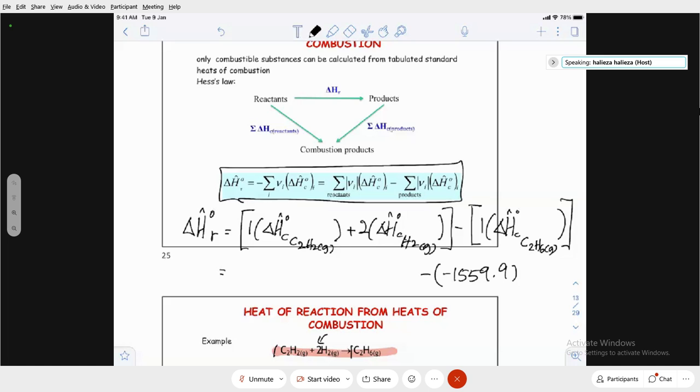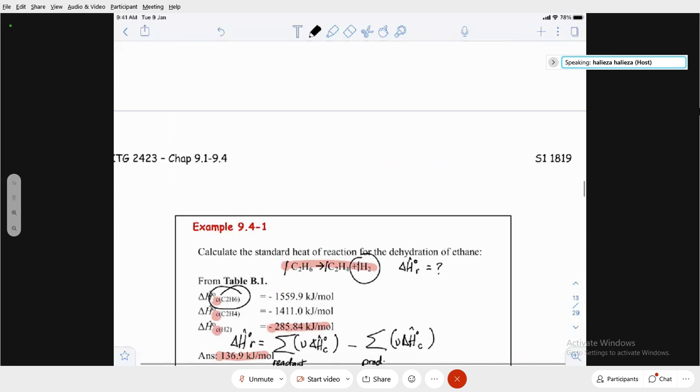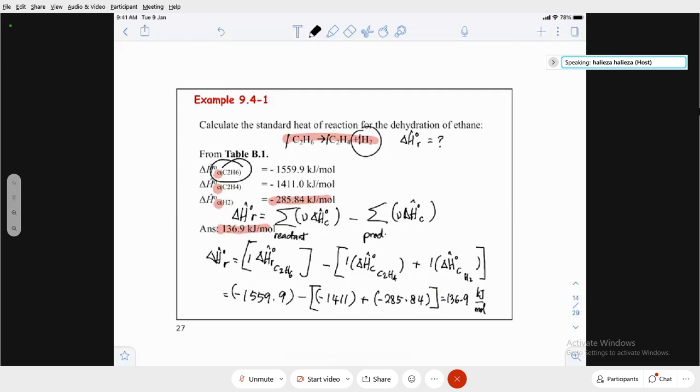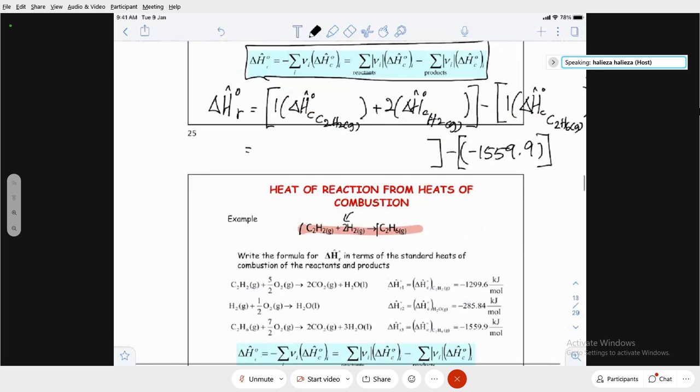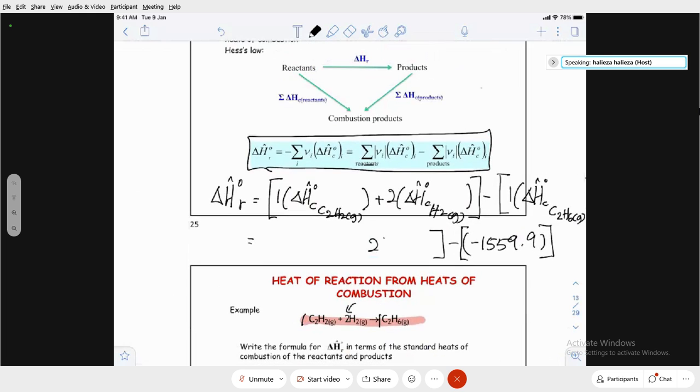So that's your product. Now for your reactant hydrogen, we also had that value just now: 2 times negative 285.84. I hope I got it.